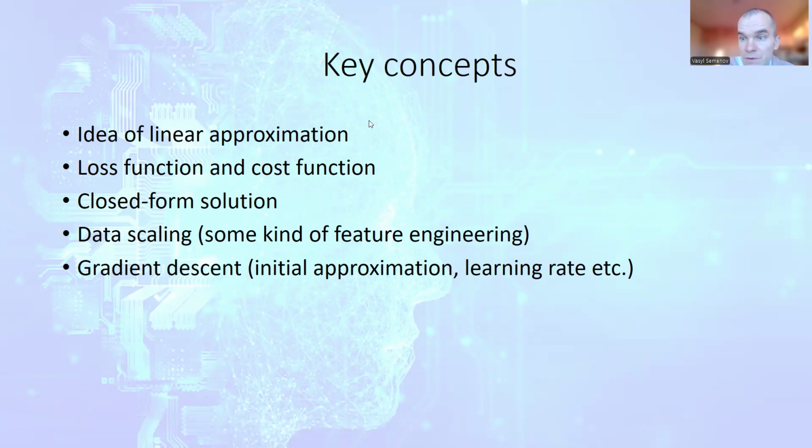The loss function is just a squared error, but the cost function is the mean square over all training data points. We derived the closed form solution for the linear regression problem, and data scaling, a kind of feature engineering, is essential. We also considered gradient descent with its different aspects, which is a very useful and important alternative, because we cannot always find the closed form solution.